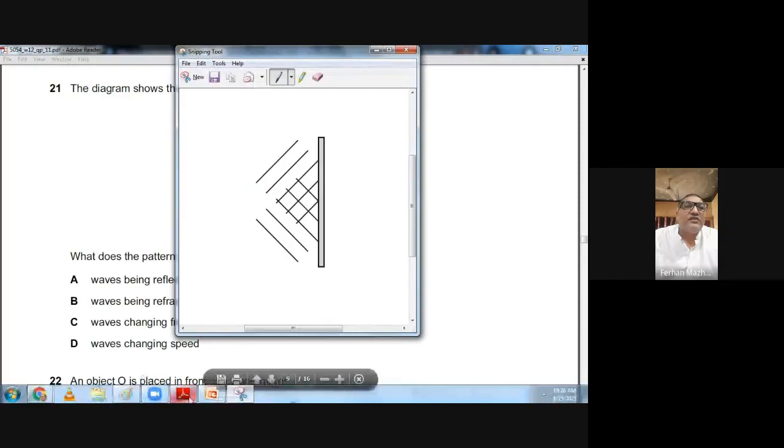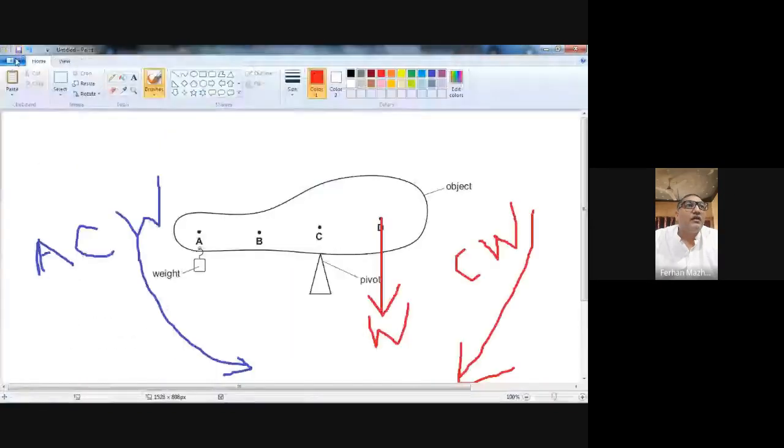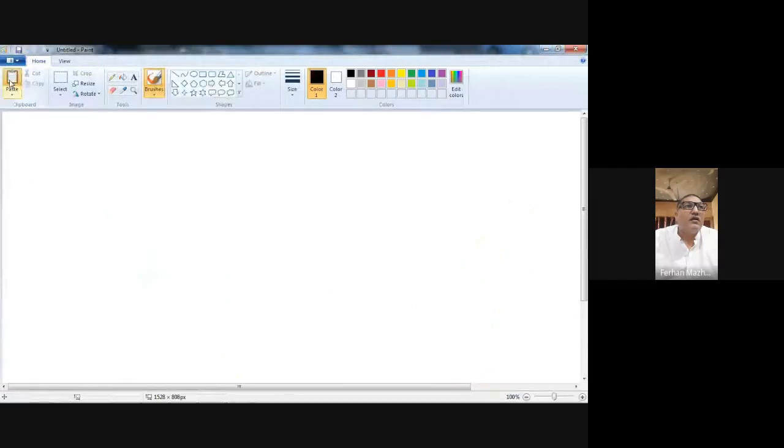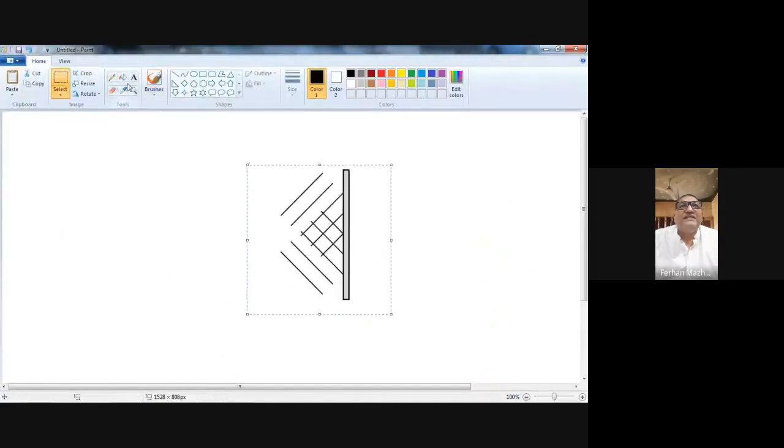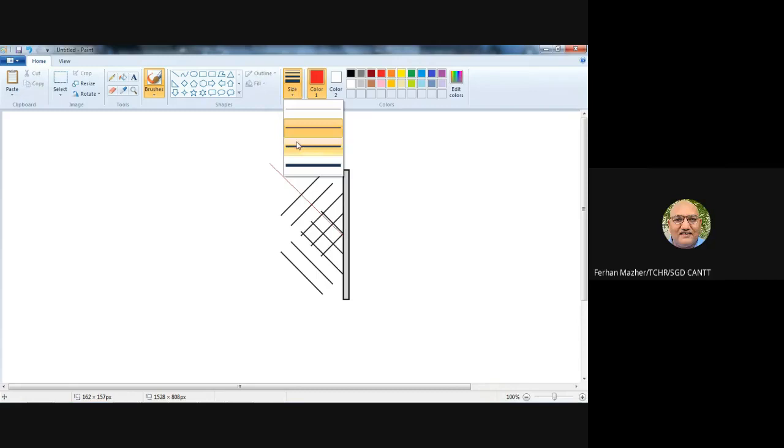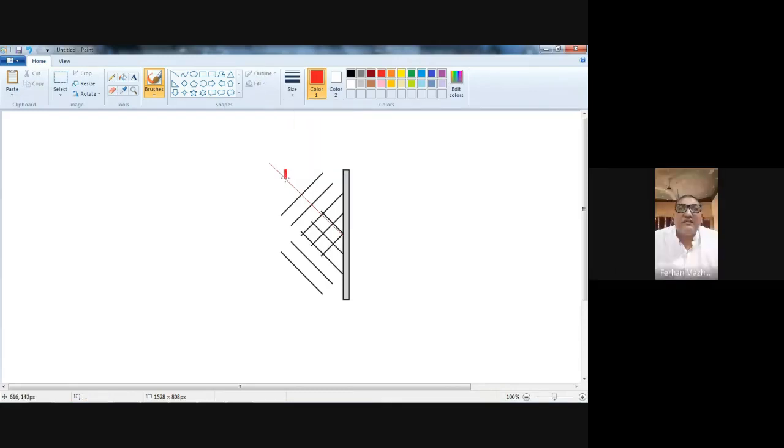So let me take it to the paint. Basically, the waves are coming in this direction, and from this barrier they are reflected.